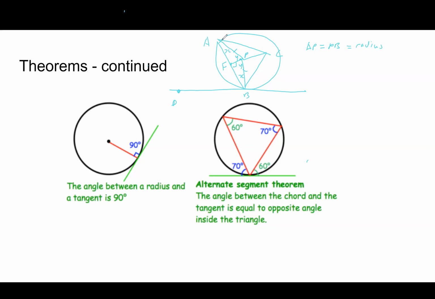So what about this angle ABD? What is this angle equal to? Since this is a tangent, then surely ABD plus PBF equals 90, right? Because PB is perpendicular to the line that's the tangent. So I can label ABD with angle y.